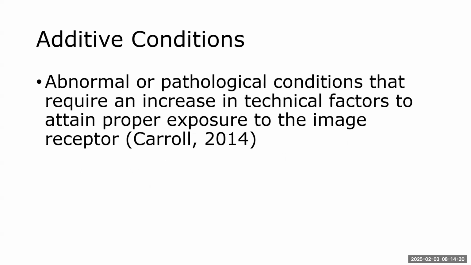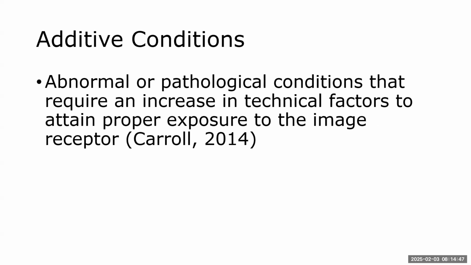So additive conditions are abnormal or pathological conditions that require an increase in technical factors to attain proper exposure to the image receptor. That makes sense. If it's an additive condition, you have to add to the technical factors. Think of it that way. Additive means it's in addition to, like increasing.